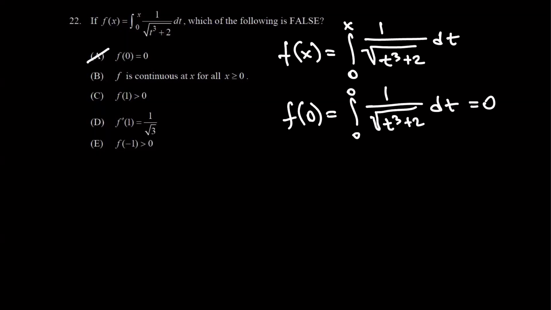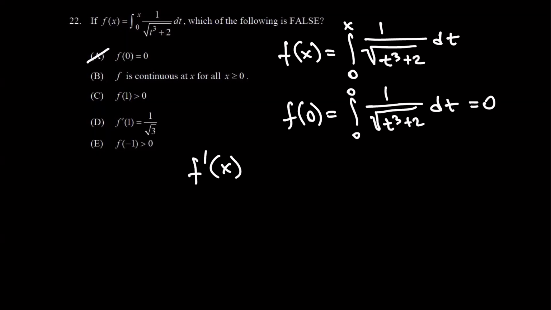Second statement is f is continuous for all x greater than 0. And so let's look at the derivative of f. And if we show that the derivative exists, then it means that the function is differentiable and thus it is continuous.